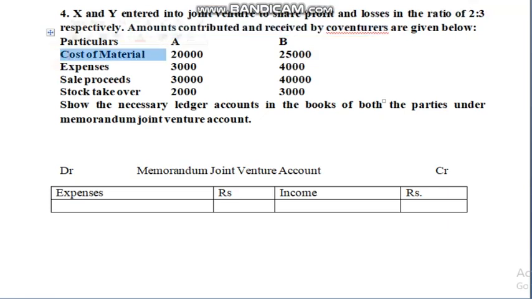The co-venturers are Mr. X and Mr. Y. 20,000 worth of materials were purchased by Mr. X and 25,000 worth of materials were purchased by Mr. Y. For expenses, X incurred 3,000 and Mr. Y incurred 4,000. For sales proceeds, Mr. X sold 30,000 worth of goods and Mr. Y sold 40,000 worth of goods.